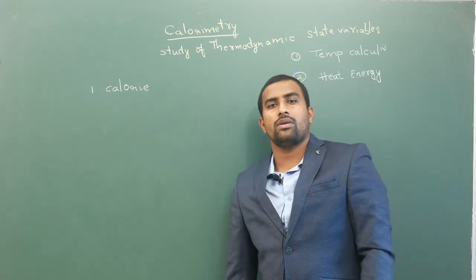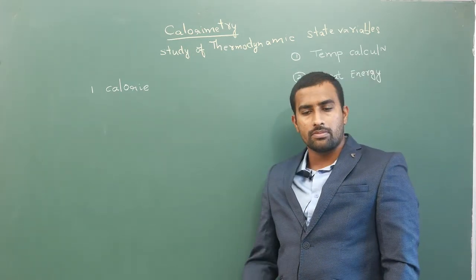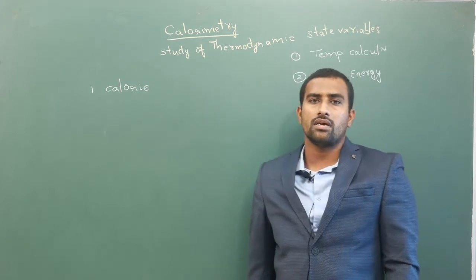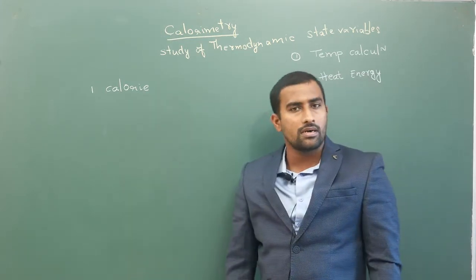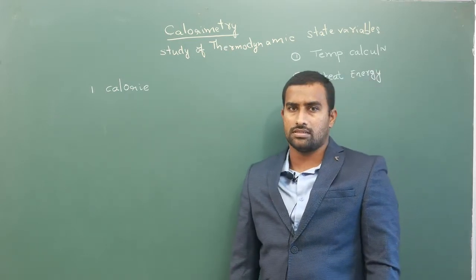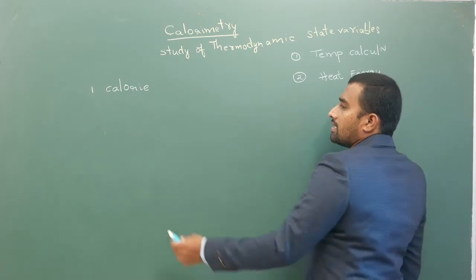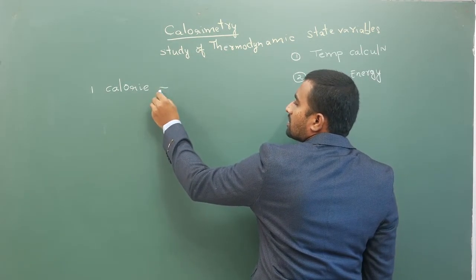Many people while doing exercise say they are burning calories, so indirectly they are utilizing some of their energy. So calorie is a unit of energy, but in physics we will study in terms of joules.